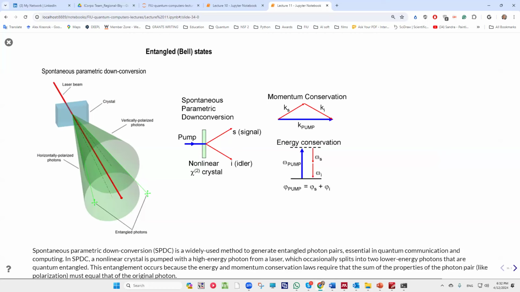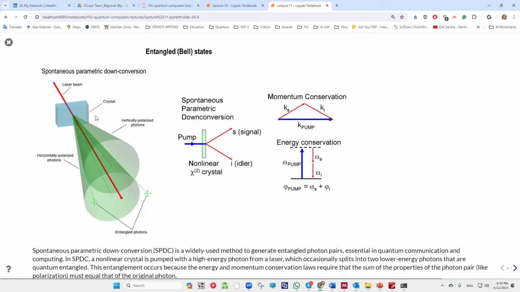And in fact, this was the first system where these Bell states were realized, and the people who use this approach for entangled states generation and so on, they recently got this Nobel Prize for this study.